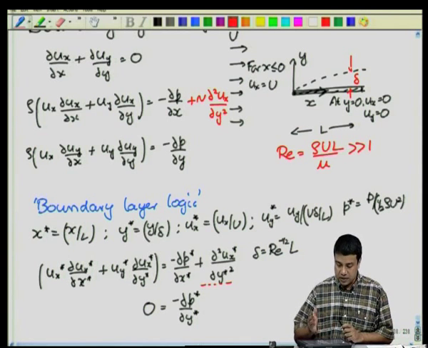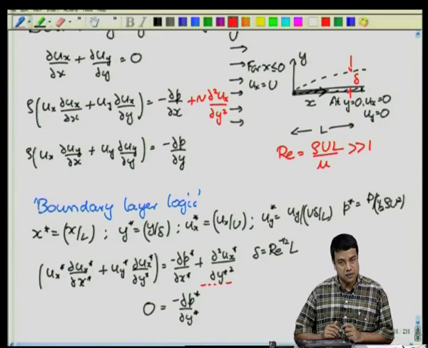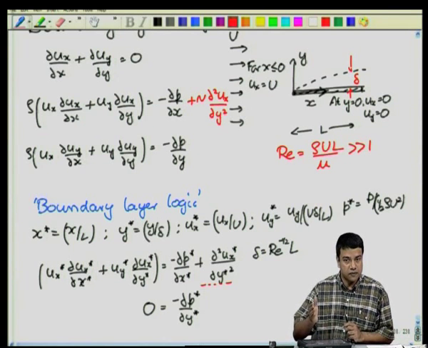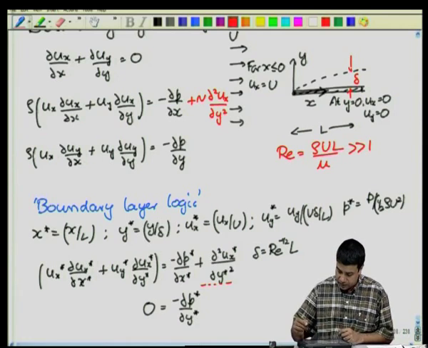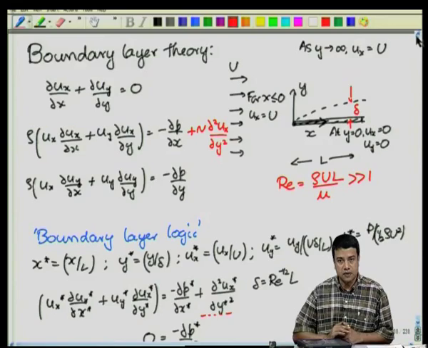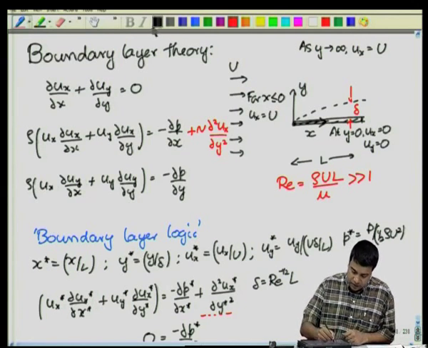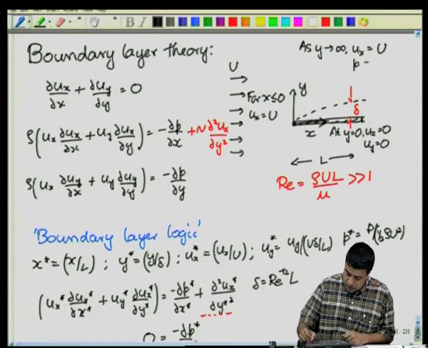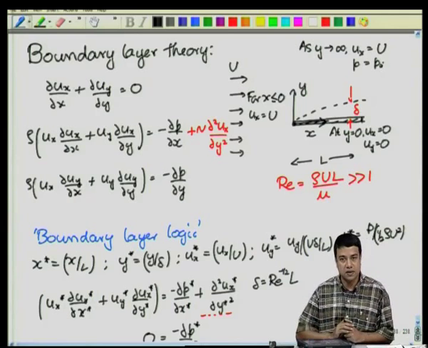There is, of course, in this particular case, the pressure is a constant everywhere, and therefore, there is no pressure gradient in the x direction far away from the surface as well. In this particular case, as y goes to infinity, the pressure is just equal to a constant, because u x is equal to capital U, it is an inviscid flow, and therefore, P is equal to minus half rho u square, which is a constant.